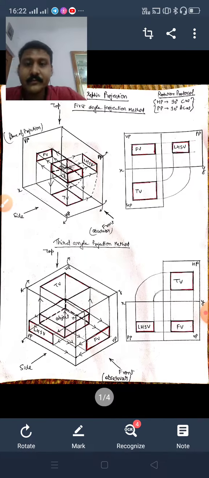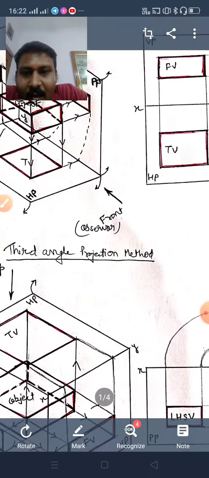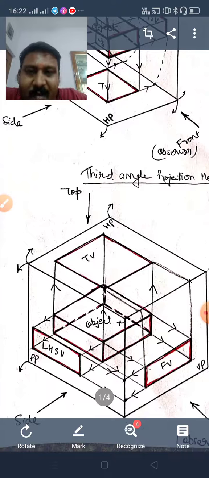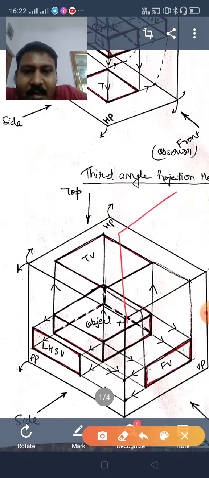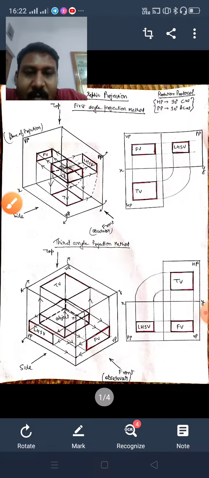Okay, that's why I have done here. See, this is VP, this is HP, and this is the profile plane. So if I rotate it, it will look like this, and if I rotate this anti-clockwise, it will look like this. Okay, so the similar condition is drawn here, HP, VP and profile plane.